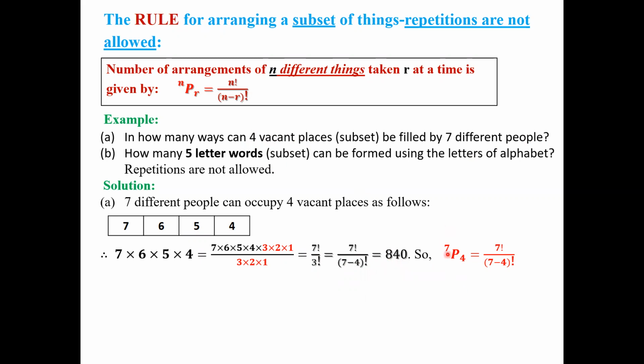So 7 pick 4 is the same as 7 factorial over 7 minus 4 factorial, which is what you have seen here, starting from the understanding that when we want to fill 4 vacant posts, these are the posts, then we have 7 people. This is how we can place them. So in essence, this is what it means to use the rule.